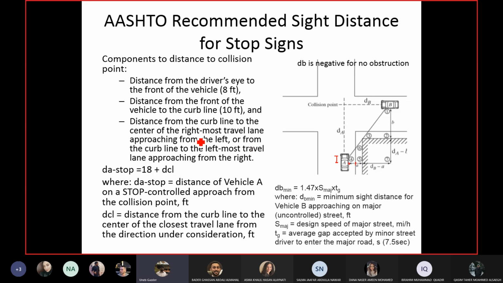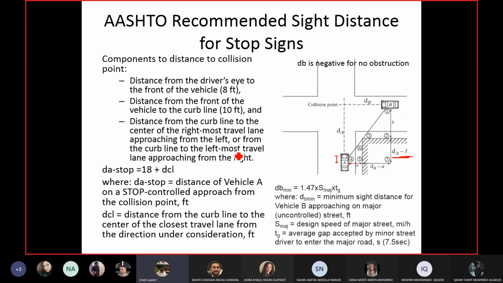And third, the distance from the curb line to the center of the rightmost travel lane approaching from the left. So from the curb line to the center of the rightmost travel lane. For example, if you consider vehicle B, then it is the distance from the curb line to this vehicle, the distance dA minus B, basically this one.